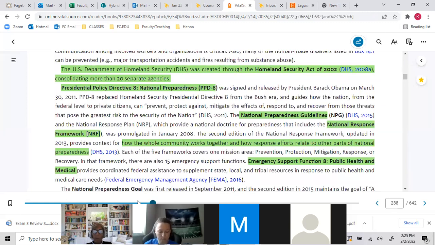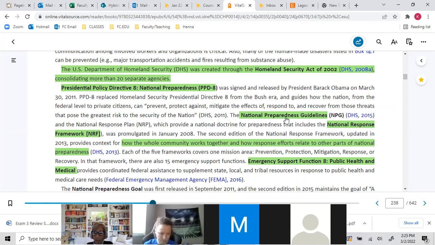Here are definitions of some of the departments and organizations that will be key in participating, whether in preparedness or actual response, so you need to understand each of these.